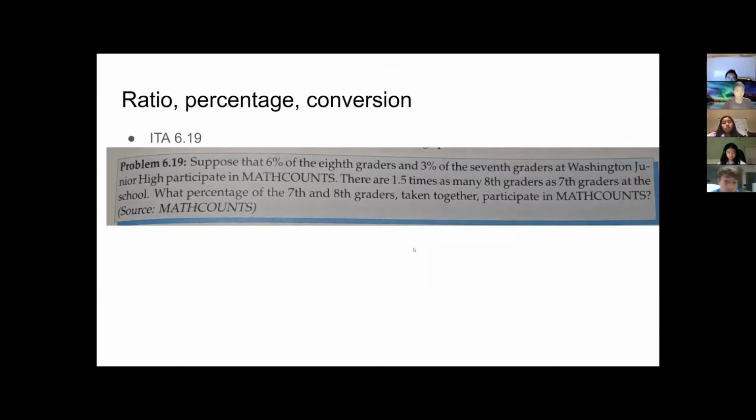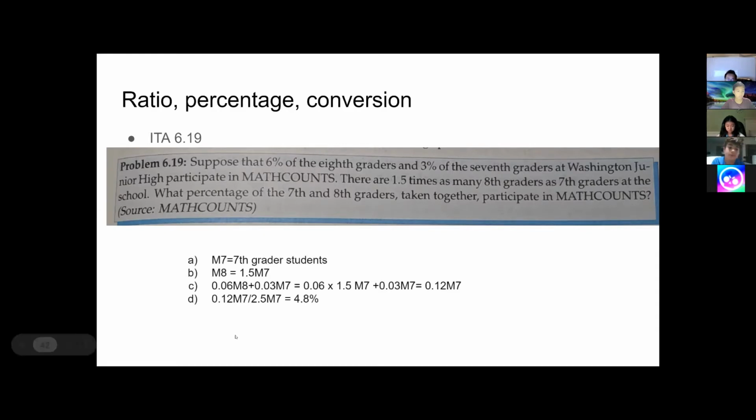So a lot of times you just have a single multiple choice problem. You go ahead, assign a number, and that would be the right answer. But we also have a general way to do it. I put M7 as seventh grader, M8 as eighth grader, and immediately we have M8 equals 1.5 M7.